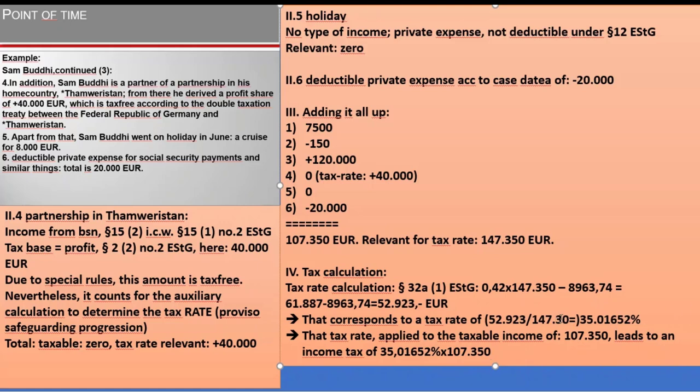Here's again the same typing mistake. And let's have a look. 107,350. What comes out? 38,556.38 euro, and this is again rounded down.